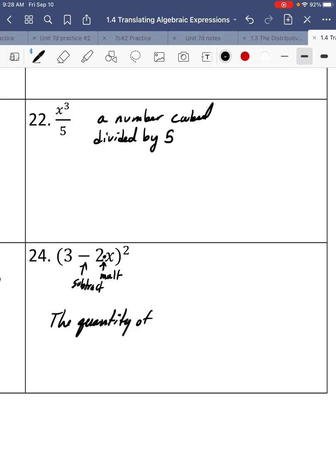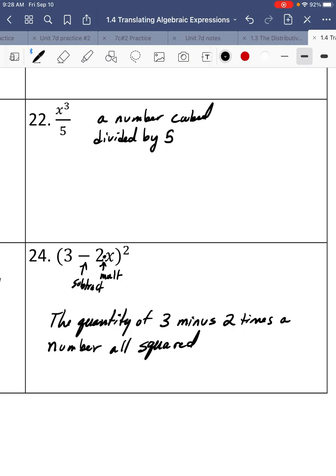so 3 minus 2 times a number all squared. You could say something like that.